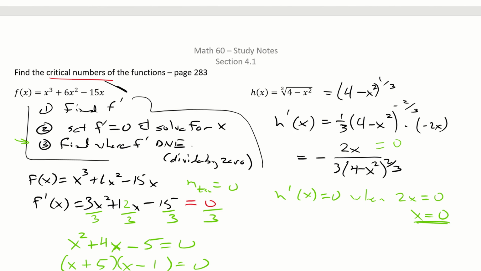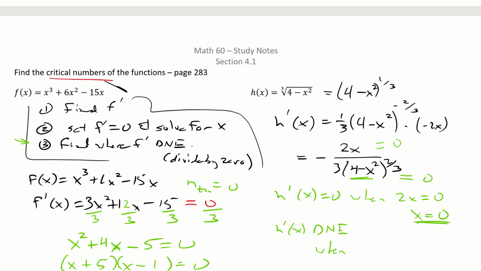Where else? When the denominator is equal to 0, you're dividing by 0, so the derivative does not exist. So I'll say h prime of x does not exist when, and okay, here we go. Look at this guy inside here. You can kind of see what's happening. If 4 minus x squared is 0, you cube root 0, you get 0. You square 0, you get 0.